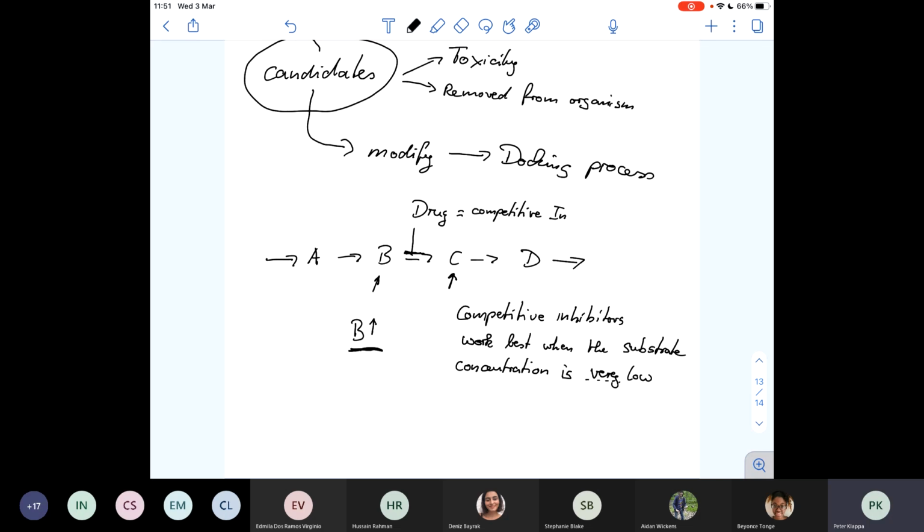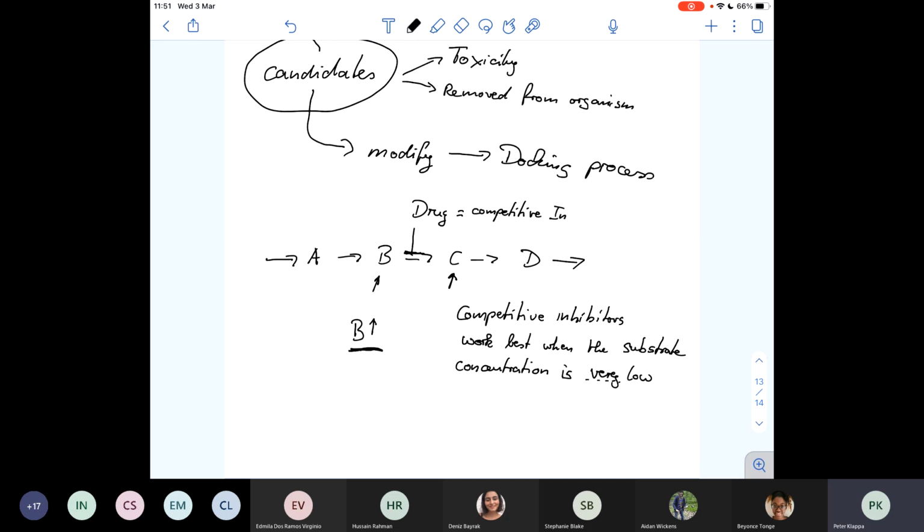We add the inhibitor, the substrate concentration goes up, which basically renders the inhibitor useless because the substrate concentration goes up. Oh shoot, $1 billion just wasted.